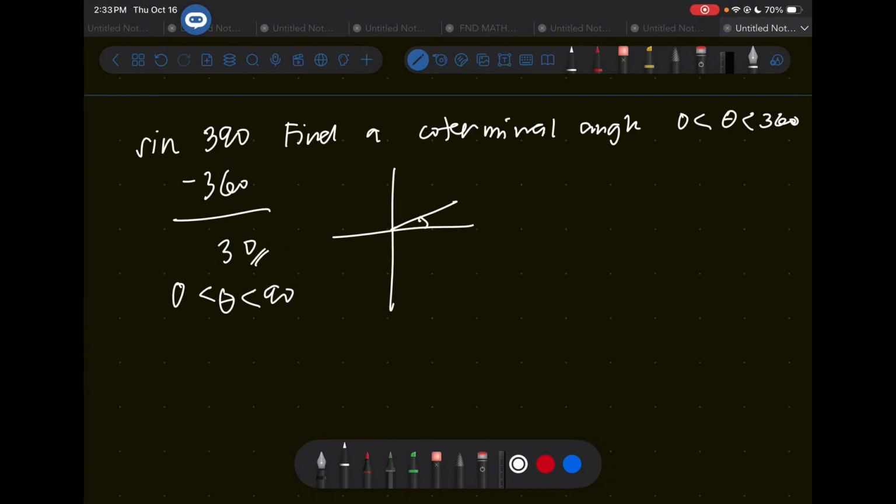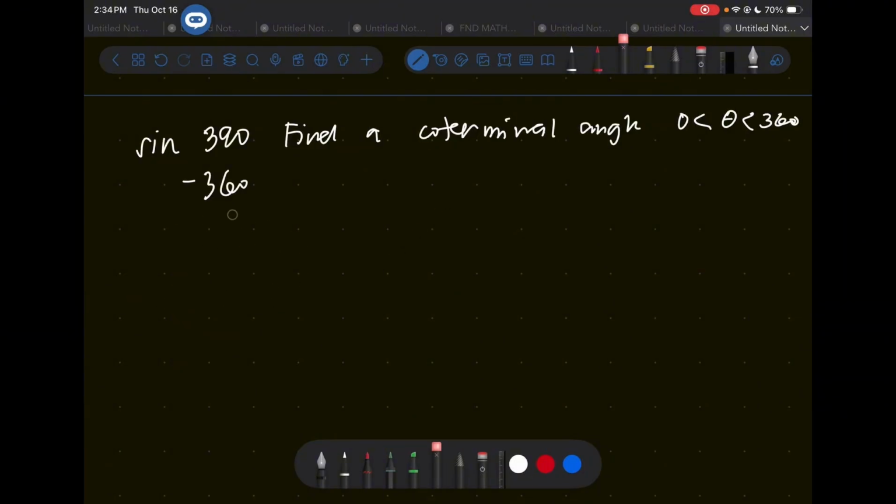This is your 30 degrees, and this is your 390 degrees. They're just the same. So again, you're just going to look for sine 30. What was sine 30? That's just 1/2.